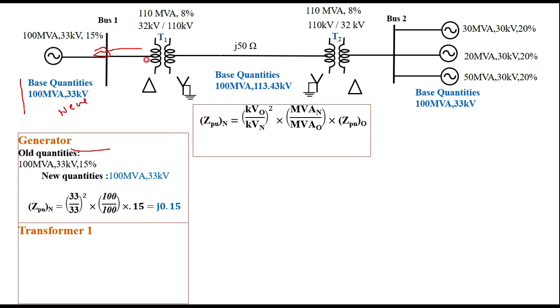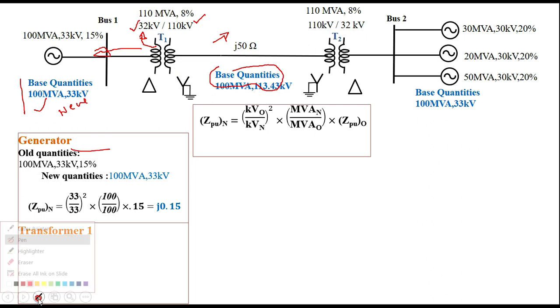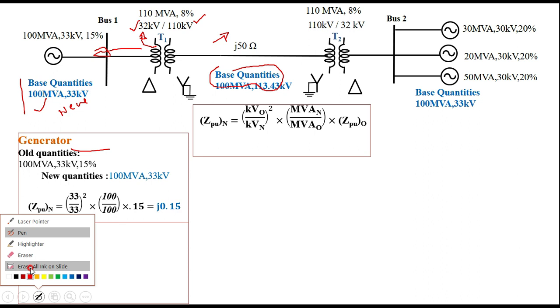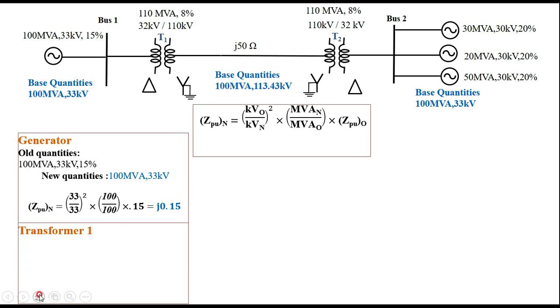For this side, if you are taking the generator side, your old voltage is 32 kilovolts. The base quantities are these, and the original or old value is 32. Instead, if you are choosing the transmission line side, you have to choose these as the new quantities, and the old voltage you have to take as 110 kilovolts. Okay, you have to remember that and do the calculation accordingly, very carefully. Now I am doing the calculation for transformer 1.